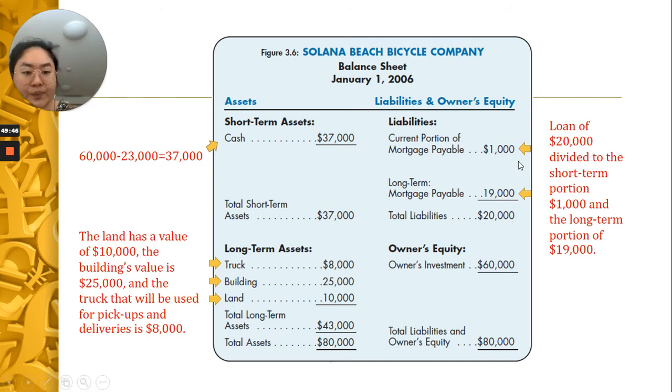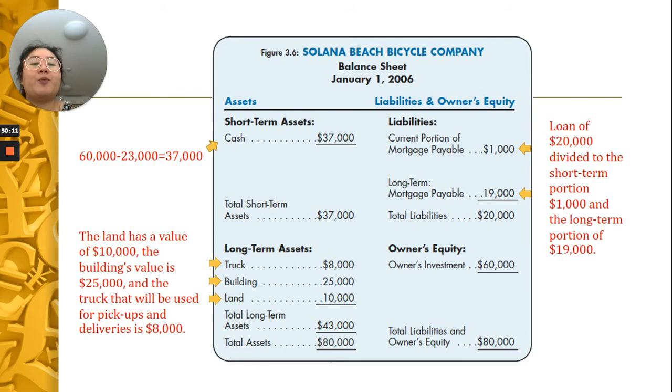So the total liability will come from the current portion of mortgage payable is 1,000, and for long term, the 19,000. The total liability will equal 20,000. But for the owner equity, it will be the owner investment, the same as 60,000.